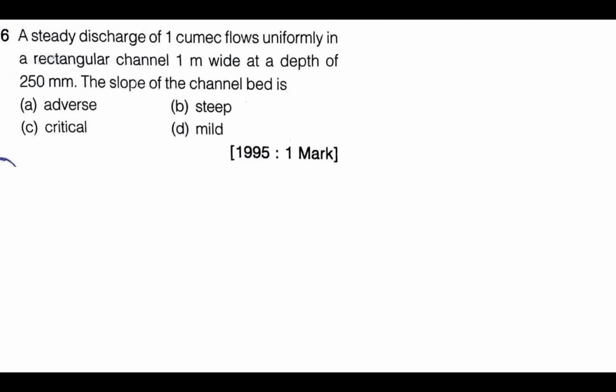Now moving ahead to the next question. A steady discharge of 1 meter cube per second flows uniformly in a rectangular channel, that is, no change in the depth, of width 1 meter at a depth of 250 mm, that means 0.25 meters.